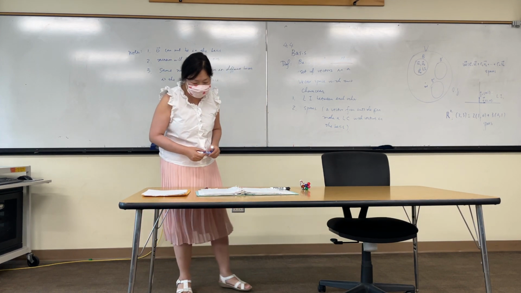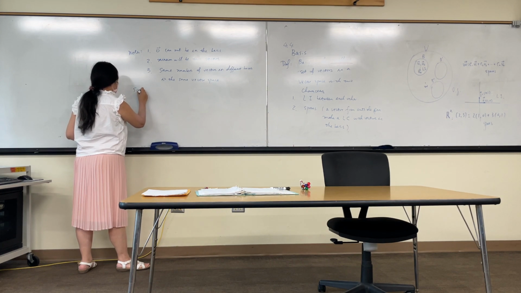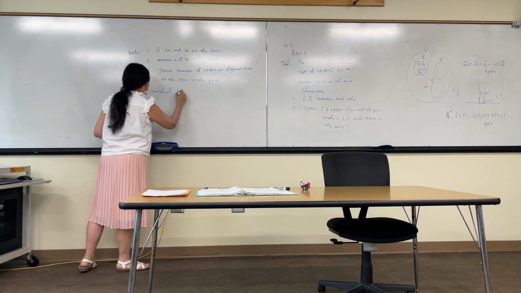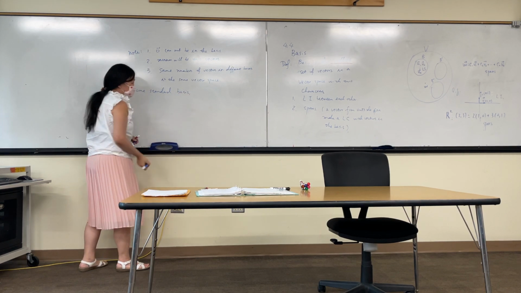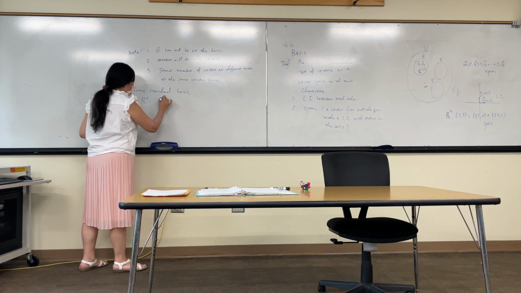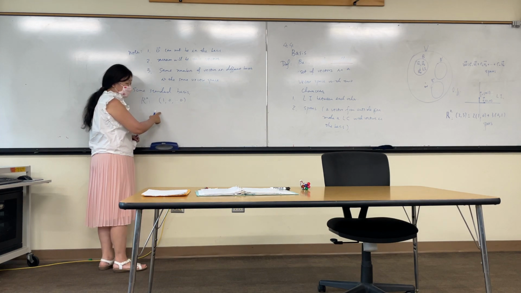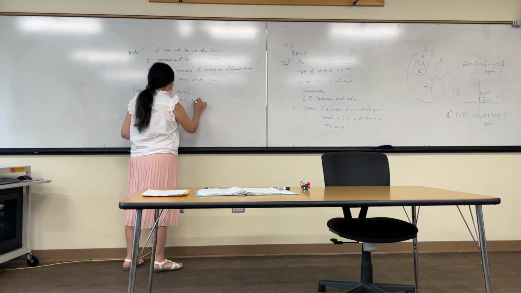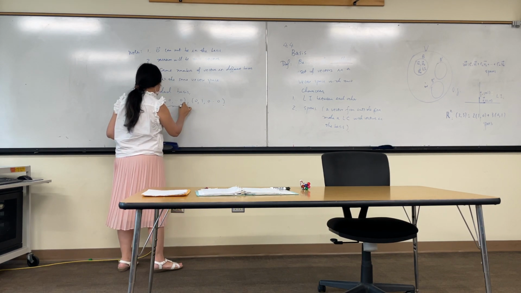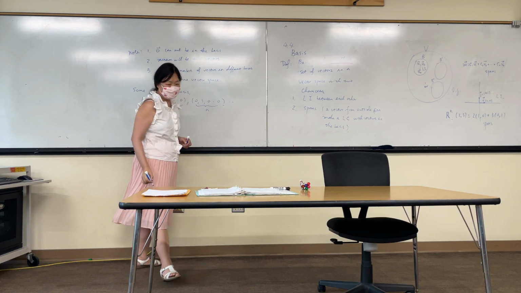And here are some standard bases. For Rn, you have 1, 0, 0, n of them, and then 0, 1, 0, and so on.